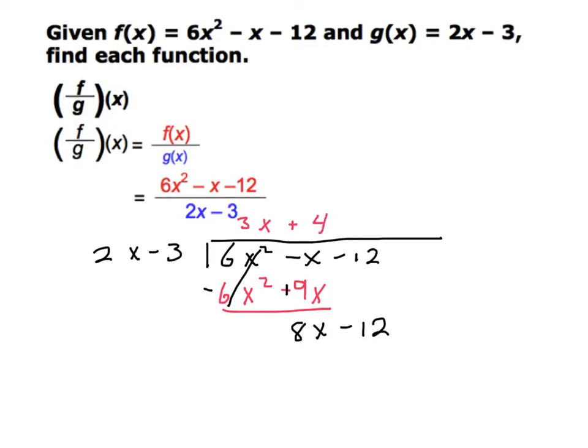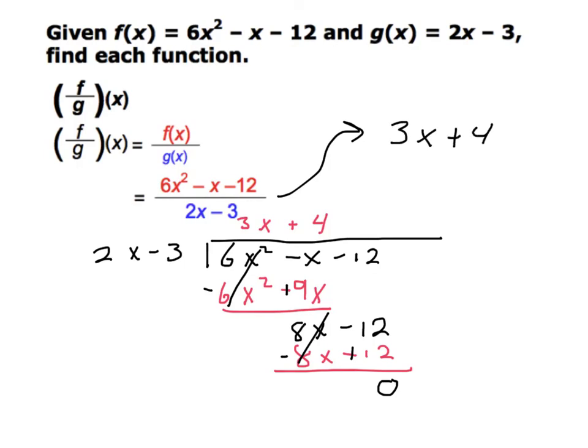You're going to multiply that 4 times the 2x to get 8x, and the 4 times the negative 3 to get negative 12. And of course, at this point, we're going to change the signs and add again. It goes out. My remainder is 0. So that tells me that the quotient for this is going to simplify to be 3x plus 4.